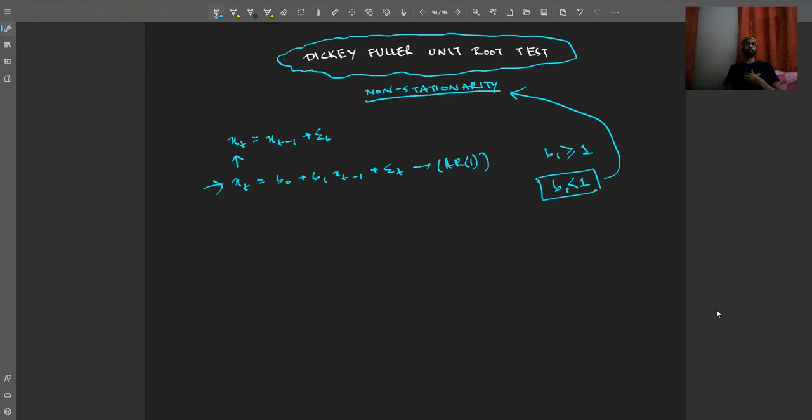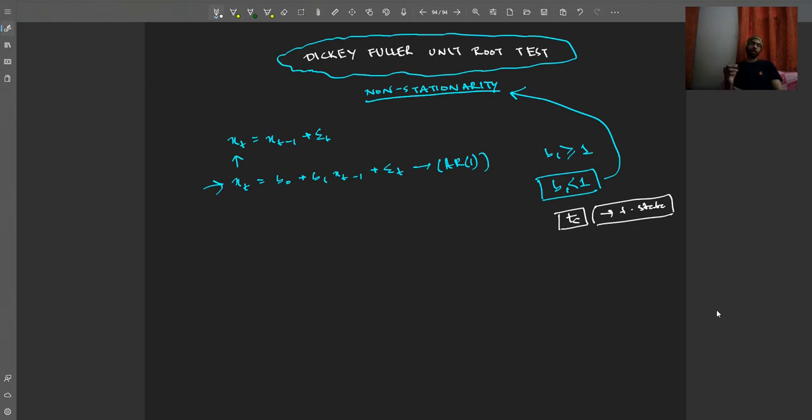Now how do we test for it? Previously we have tested autocorrelation by the help of t statistics, right? We have measured the t critical values and compared it with the t stat to find out whether the value is significantly different from 0 or not, right? We have done this error autocorrelation thing. You can find in the previous section.